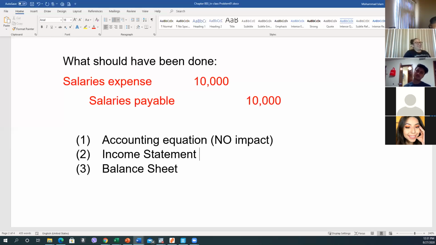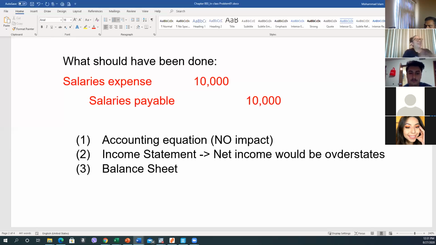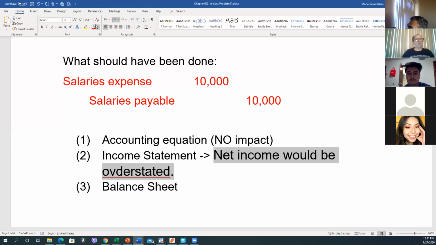So on the income statement, what would be the impact? Net income would be overstated. Correct? Because we did not record an expense, net income would be overstated.